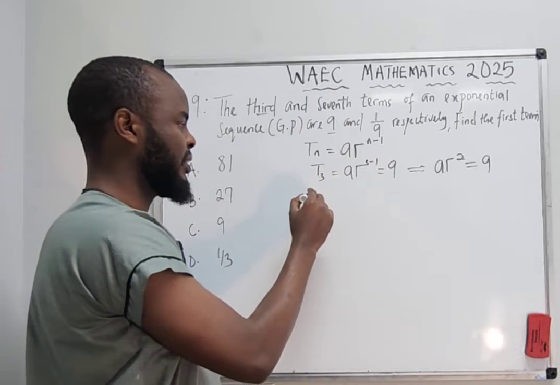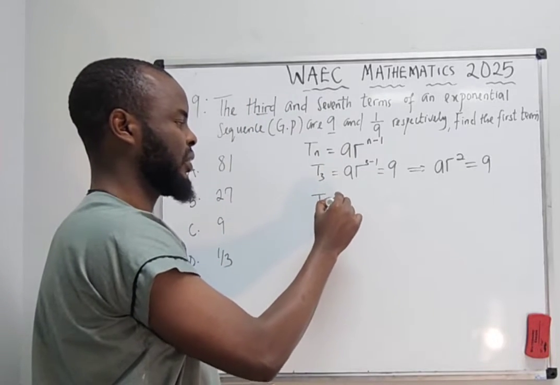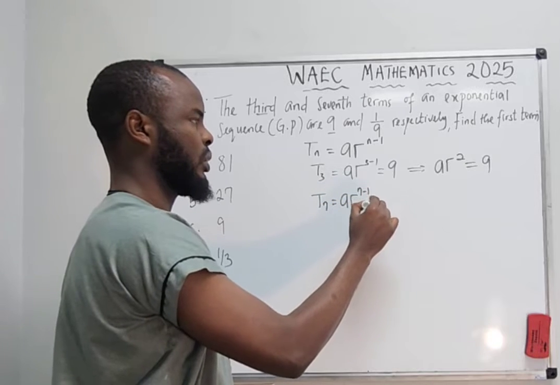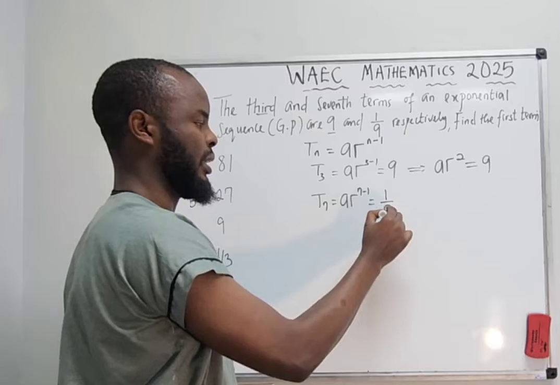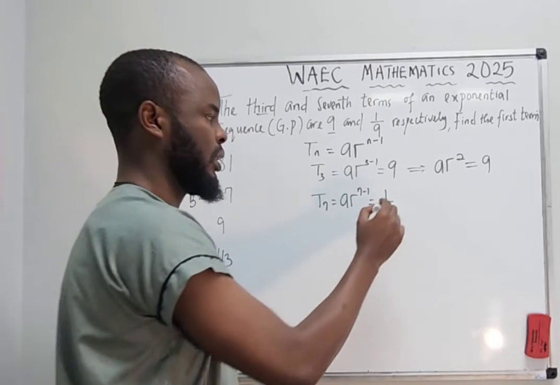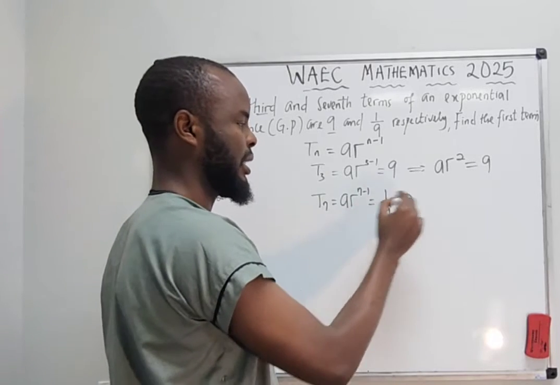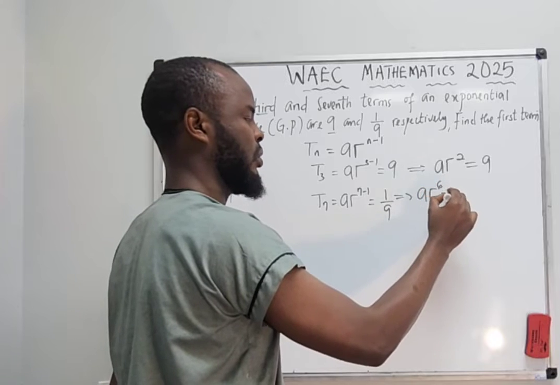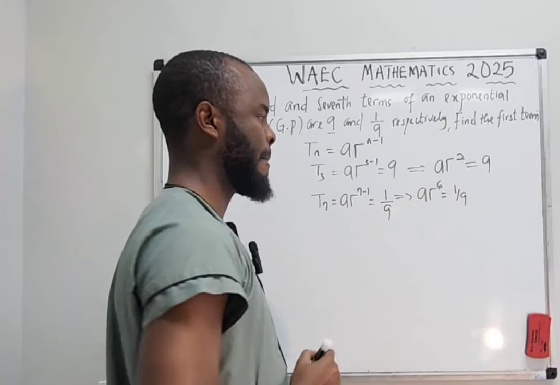Secondly, we have the seventh term, T7, which is a r to the power of 7 minus 1, equals 1/9. Here you can say a r to the power of 6 equals 1/9.